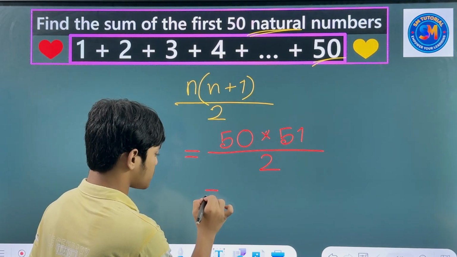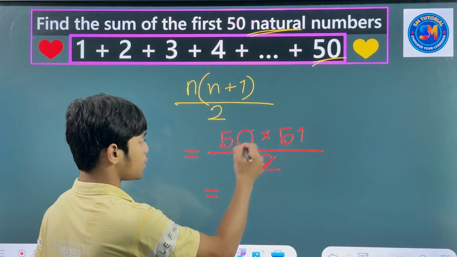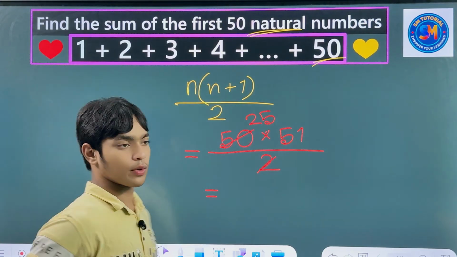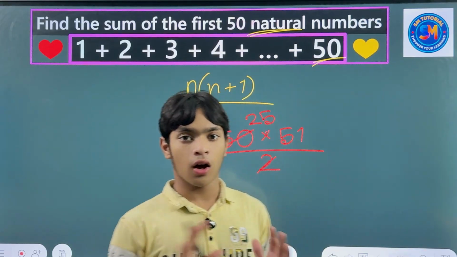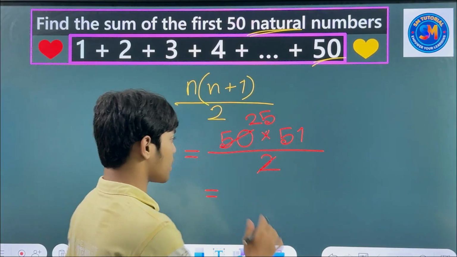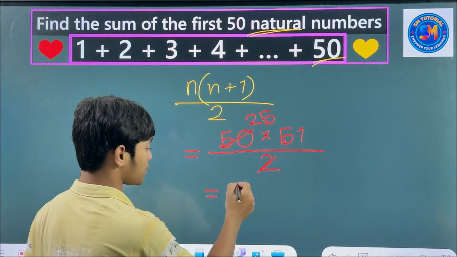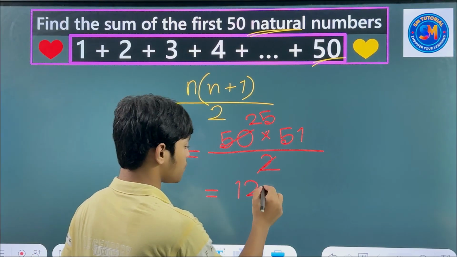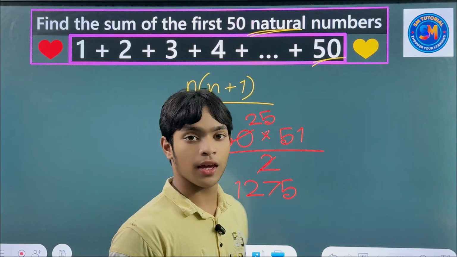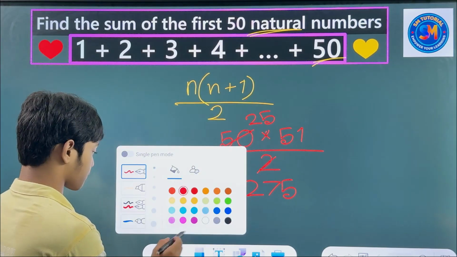If you calculate this on rough paper, then you'll find 1275.